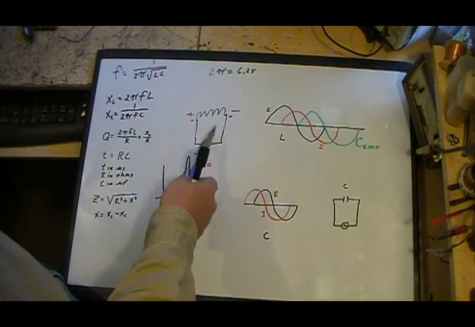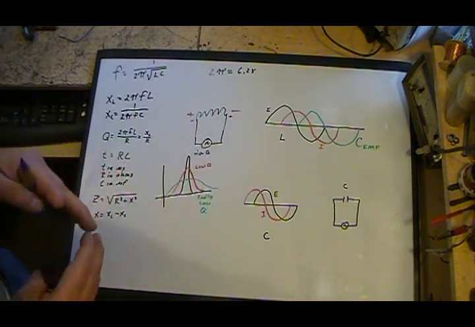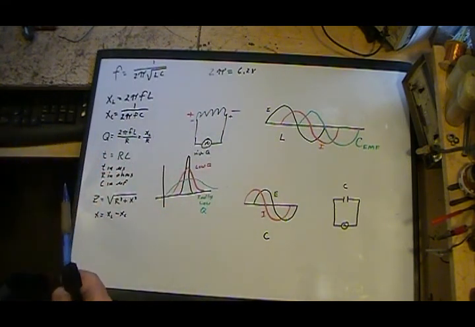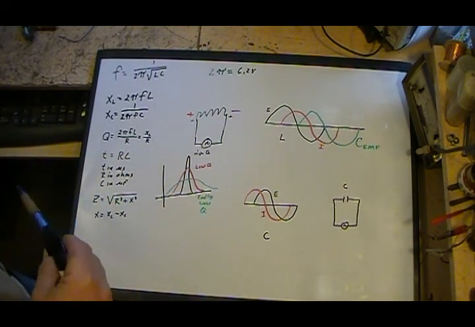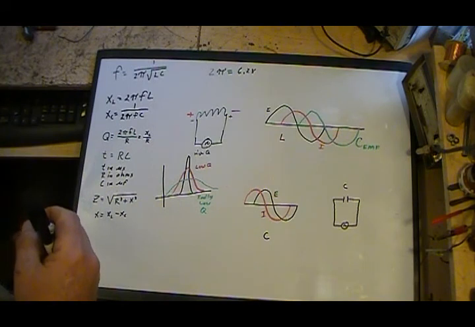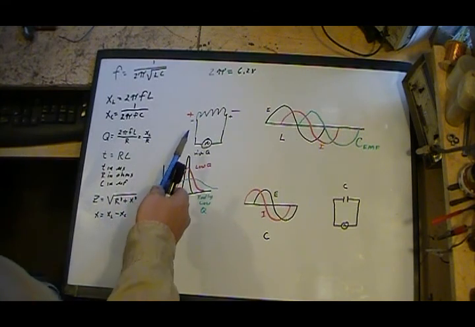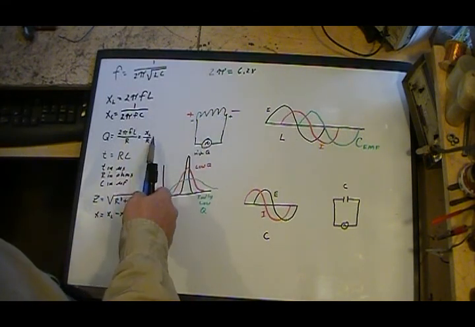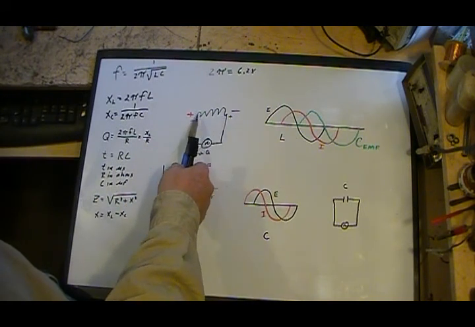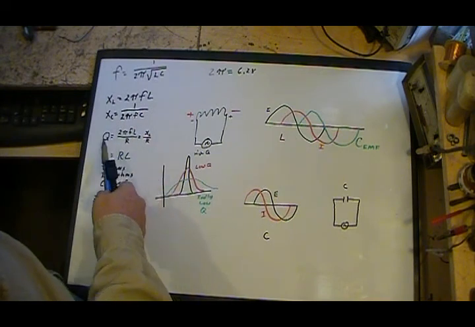It's primarily the DC resistance of the coil, which can be just a few ohms to several hundred ohms depending on the frequency the coil was designed for. So you take the X sub L in ohms and divide it by the series resistance of the coil, and that'll give you Q.